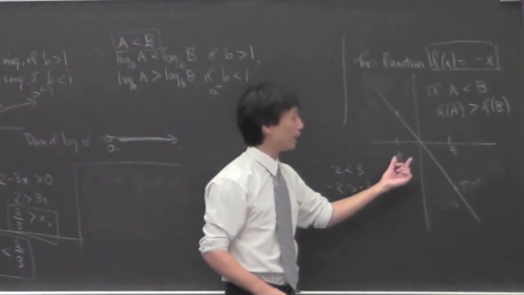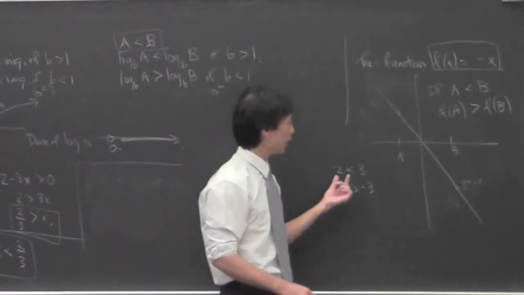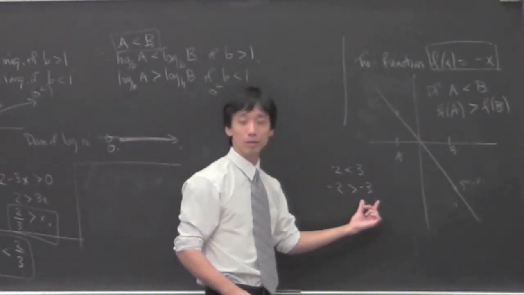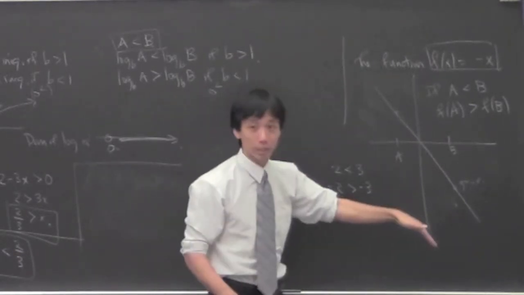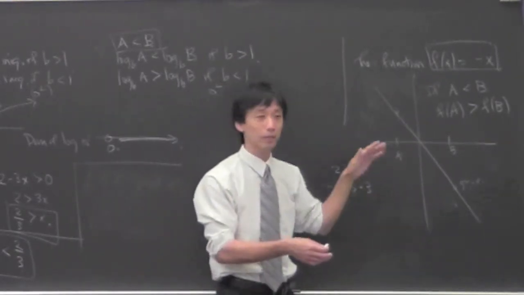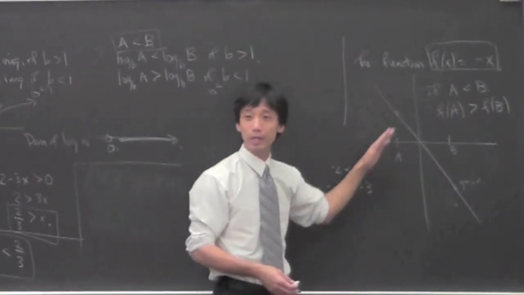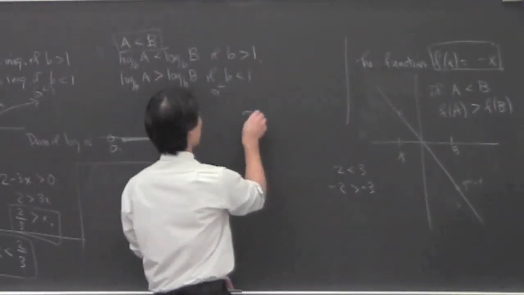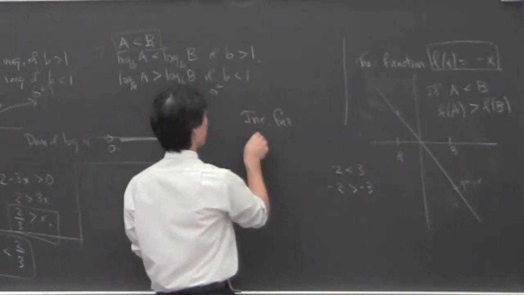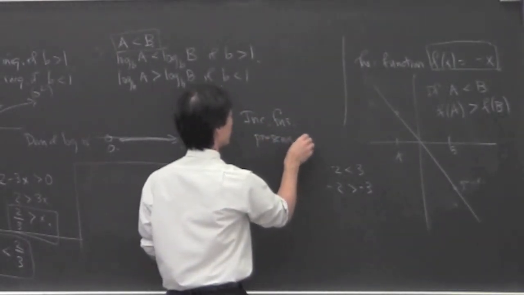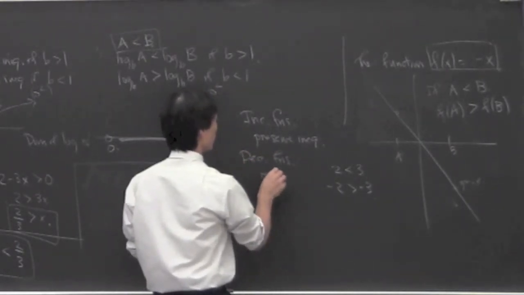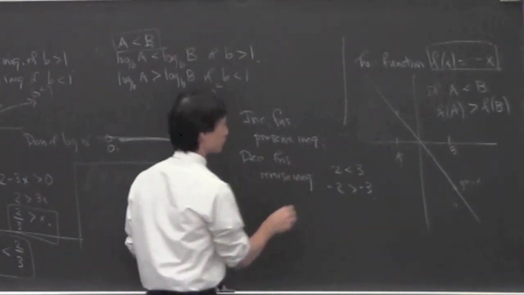If you have a is less than b, f of a is bigger than f of b. If your function is decreasing, it will reverse the sign. If your function is increasing, it preserves the sign. Increasing functions preserve inequalities. Decreasing functions reverse inequalities.